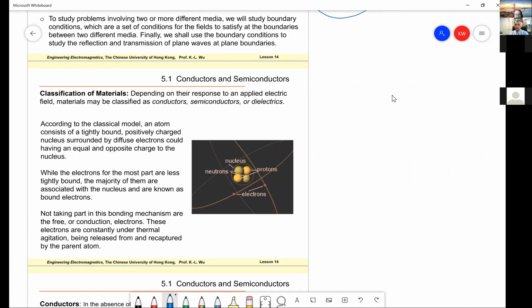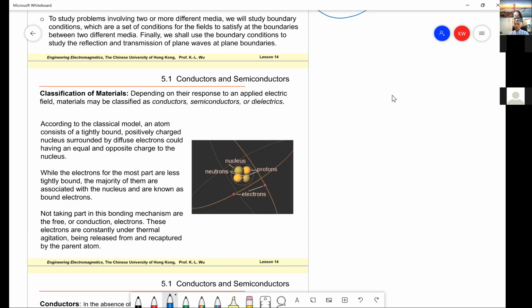We know for materials, when we apply an electrical field, there are interactions between the molecules inside and the field. Then we take a classical model of material. That means the molecule, we have an atom. The atom contains tightly bound electrons.